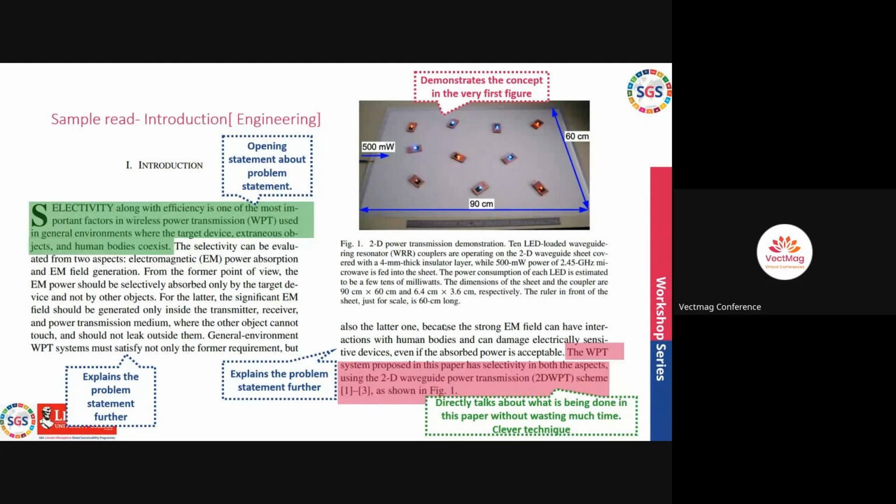So again, when you look at this particular paper, there is an opening statement. This was the same article which we had seen today in the morning. We had seen the title and the abstract. Now you see, demonstrate this. You see this figure here? That was on the very first page. So if I'm a reviewer, or someone who's following up your work, the moment I see this, my attention is drawn towards what you are trying to achieve.